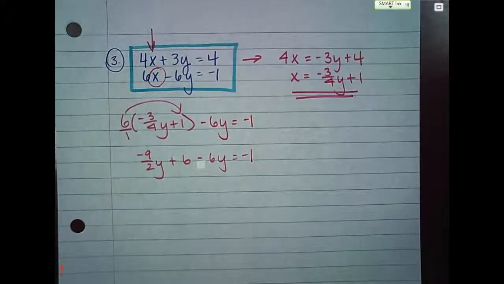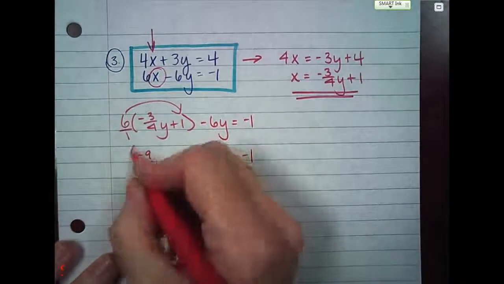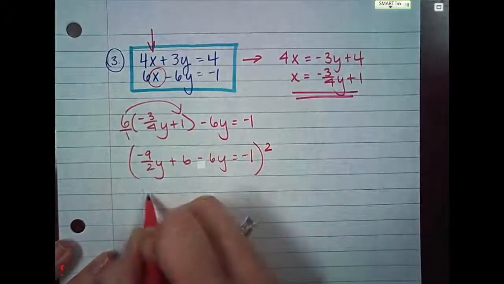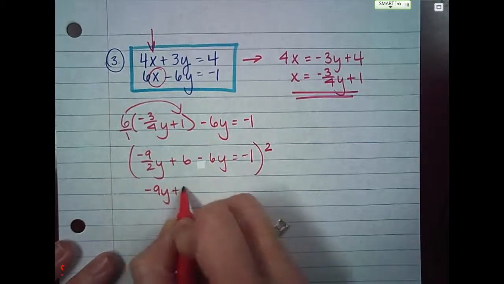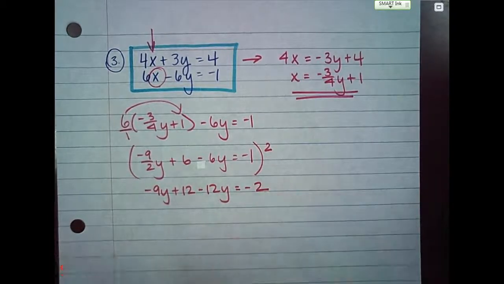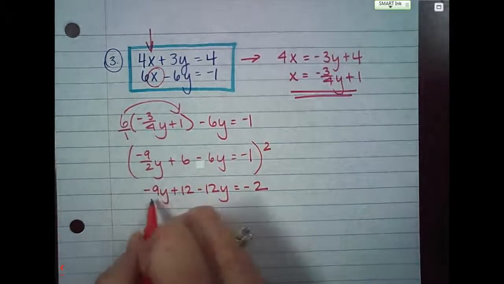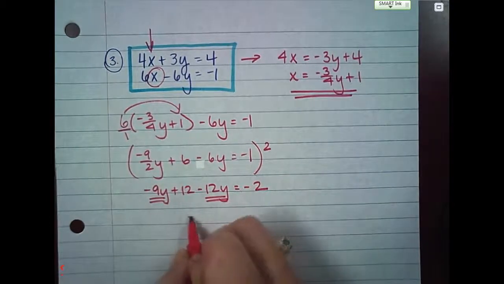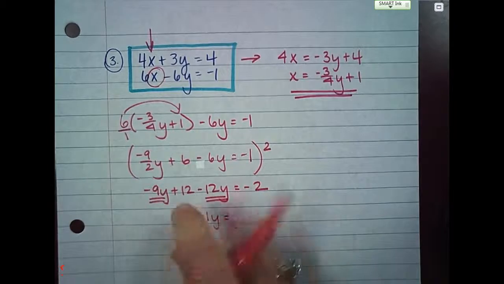But if you want to get rid of that fraction, you can multiply everything by 2. That's up to you. I'm going to choose that. So negative 9y plus 12 minus 12y equals negative 2. Let's combine the negative 9 and the 12 to give me negative 21y and move your 12 over.